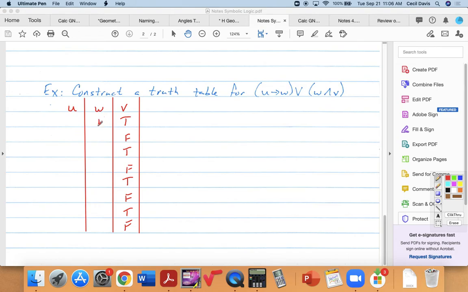So true, false, two trues, two falses over and over again, and then four trues, four falses.